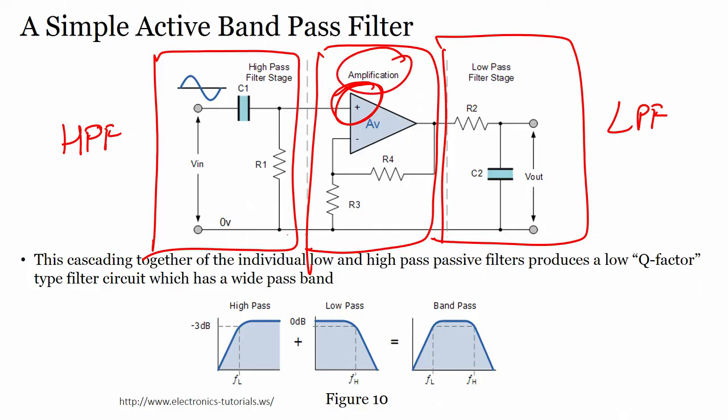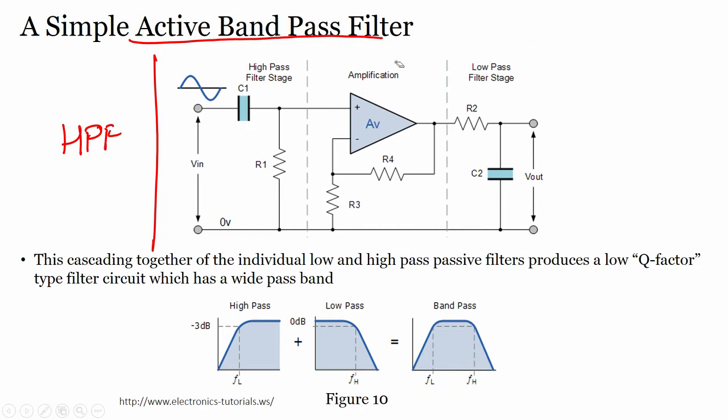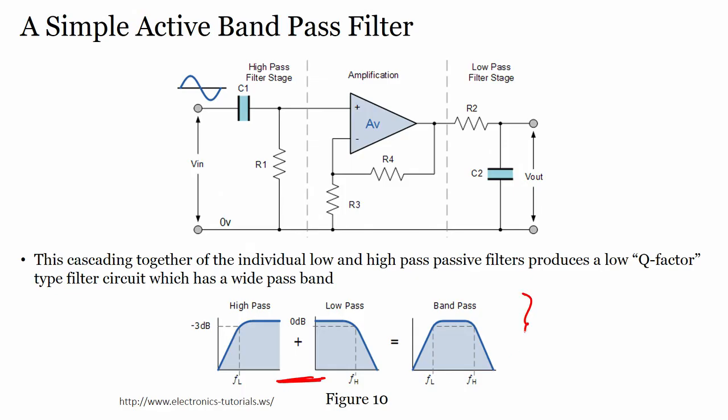When we integrate this plus this plus this, we get an active band pass filter, right. This cascading together of individual low pass and high pass filters produces a low Q factor type filter circuit, which has a wide band pass, and this is how we can create your active band pass filter, right. Here you can see we get the active band pass filter.